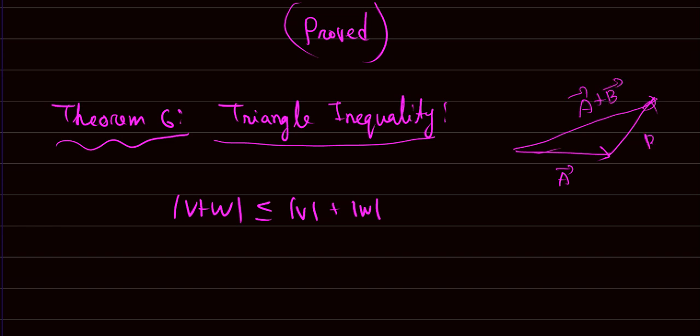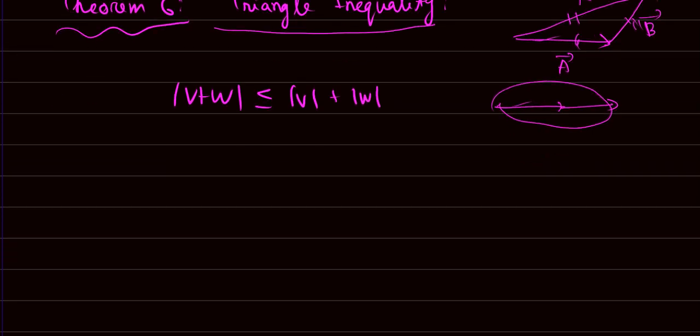So by the triangle law in geometry, we know this one will always be less than the sum of these two, or equal to if they are in the same line. So we also want to now prove this triangle inequality.